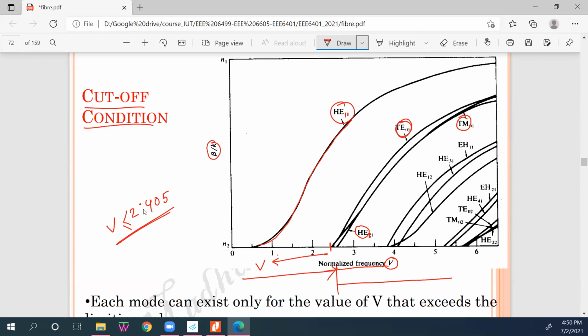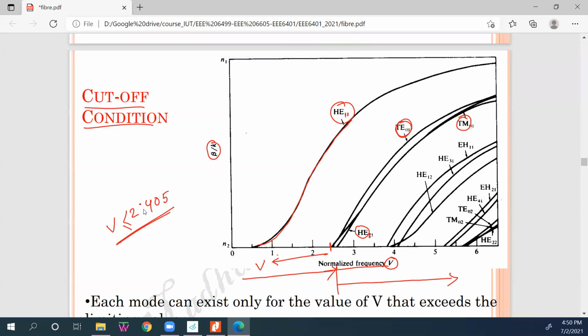Beyond that, you will have a multi-mode fiber or multi-mode output. So you see how we end up from the standard wave equation to this V parameter, and we can determine whether the fiber will work as a multi-mode or single mode fiber.